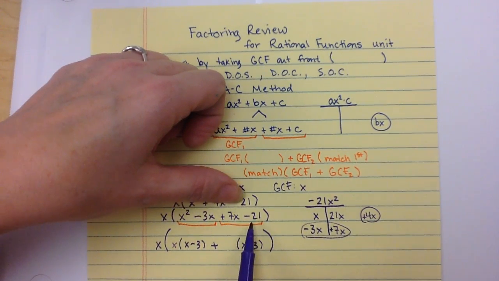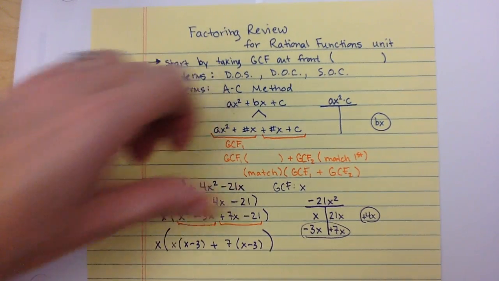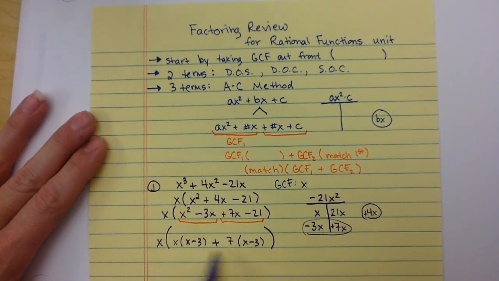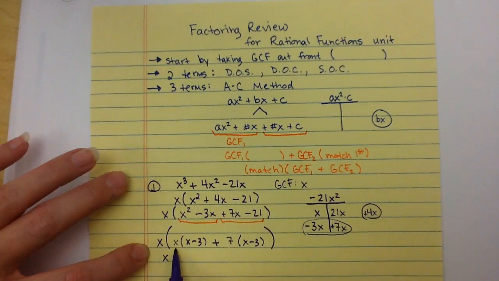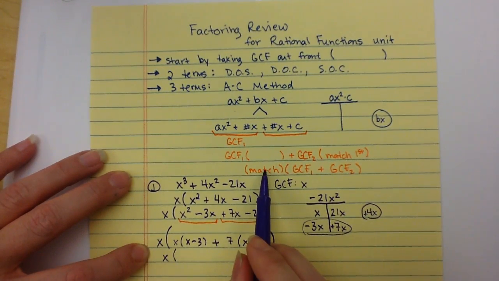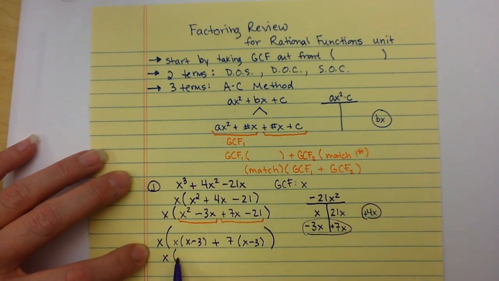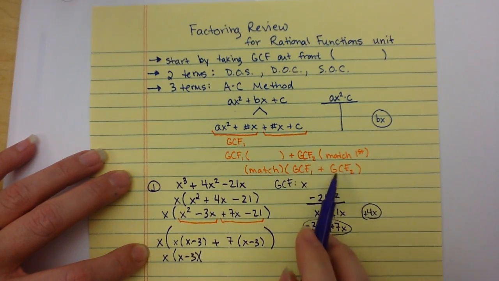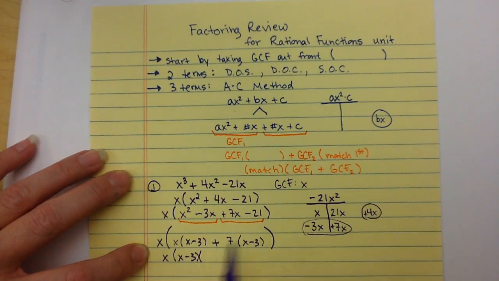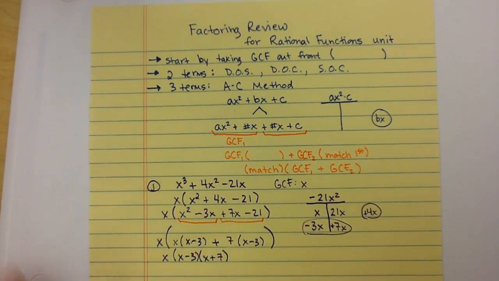So what I would need to take out in order to match x minus 3 is positive 7. So I keep that x out to the front, and then I'm going to have a parenthesis that has my match, so x minus 3, times a parenthesis that has my GCFs in it, so x plus 7. And now that's factored.